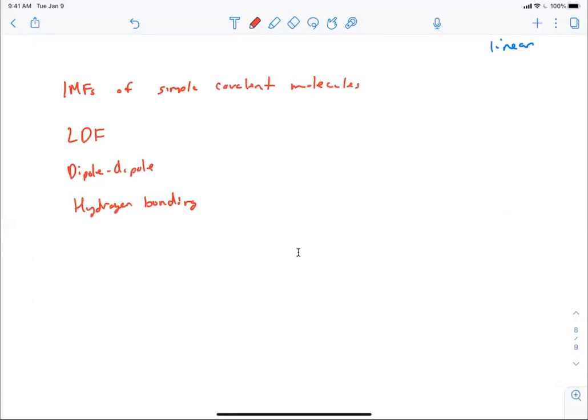So be able to identify which structures have which of those IMFs, because you may have to use those because those affect physical properties. And just like in your mock exam, you had to identify the IMFs before you get full credit to explain which one was stronger and why that would affect the volatility of the species there. So make sure that you remember those LDFs, dipole-dipole, and hydrogen bonding concepts.